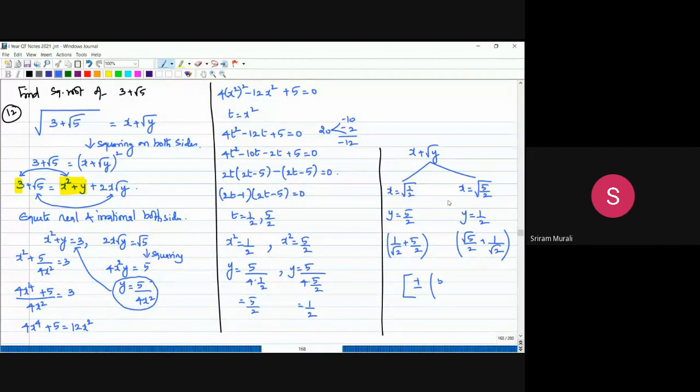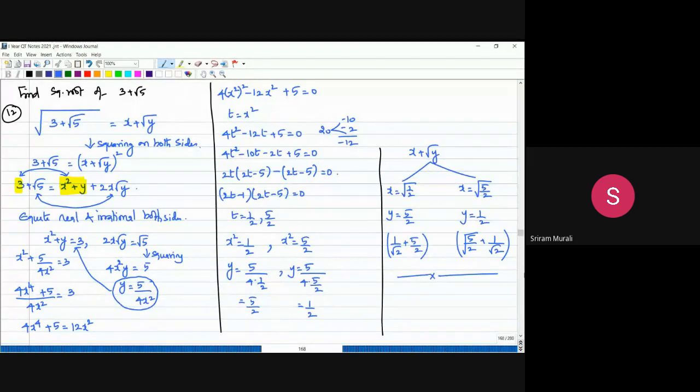X is equal to 1 by root 2, y is 5 by 2. So this is root 5 by 2. So this is the answer.